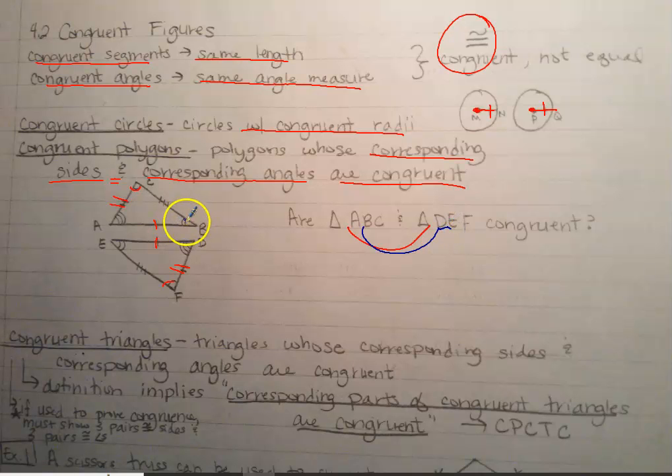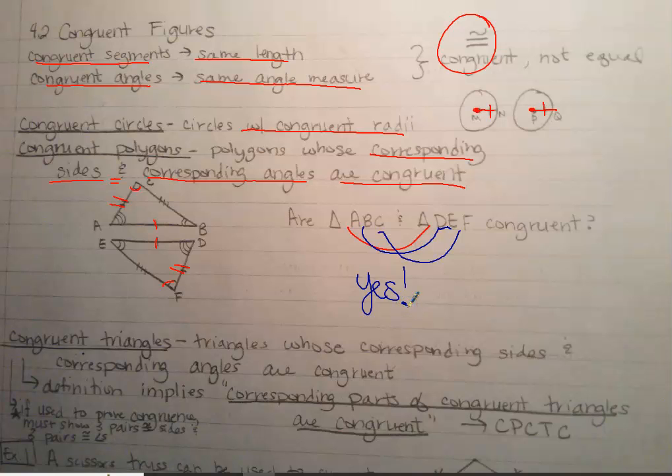B has 2 marks of congruence, E has 2 marks of congruence, so they match. And then the last one would be C matching with F. C has 1 mark and F has 1. So yes, these are congruent indeed.